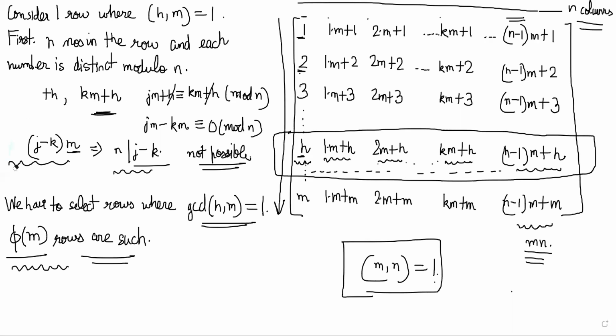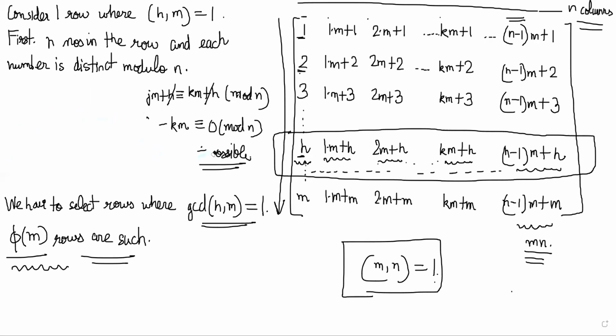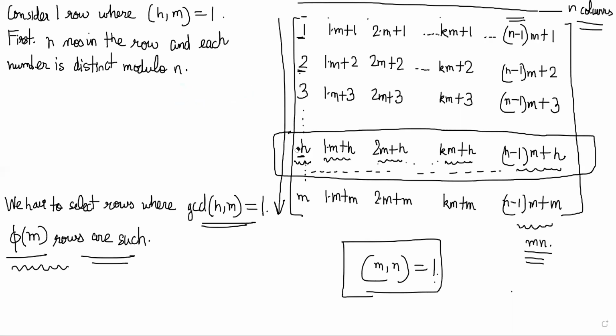There are n of them, so the entire row is composed of the residues 0, 1, 2 till n minus 1. They might not be in the same order, but since they cannot be congruent to each other and there are n of them, they must be these.